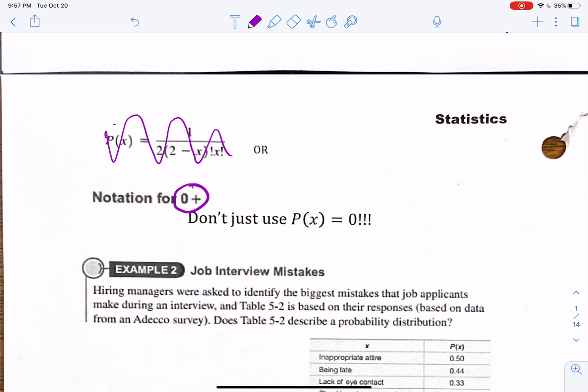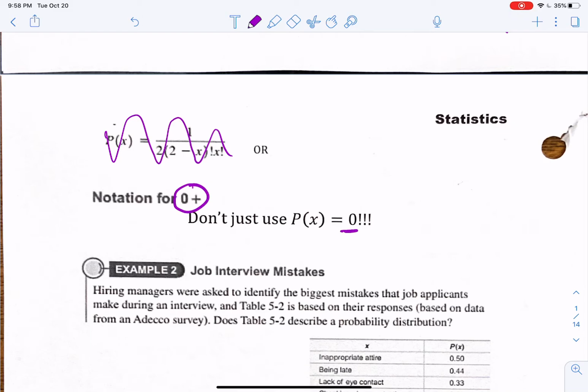We've talked about this before, but 0 plus is just a fancy way of saying something that's really, really, really close to not happening, like it has a very, very low chance of happening, but it still could happen. We call that 0 plus. We don't just say it has a 0 chance of happening or a 0 probability. We put 0 plus.